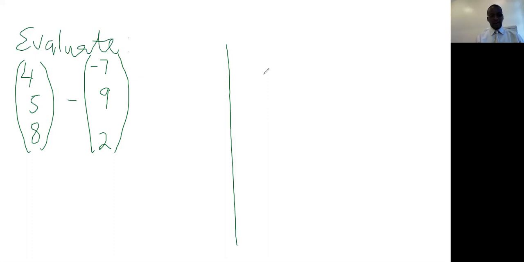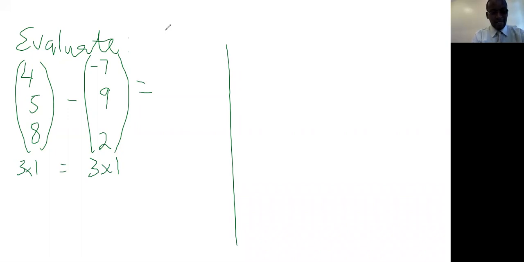First of all, check the order. How many rows are here? 1, 2, 3 for both matrices. So that is 3 rows. How many columns? 1 for both matrices. So what is the order of that matrix? This is a 3 by 1 matrix. Can it be added to a 3 by 1 matrix? Yes. So we just add.